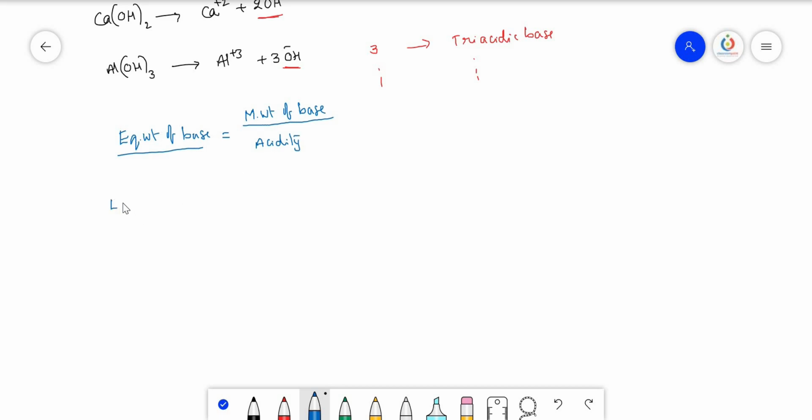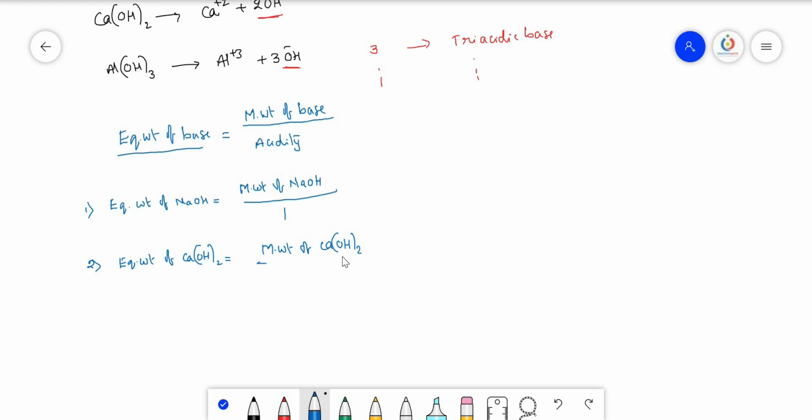Now, let us try to calculate equivalent mass of NaOH. Its molecular weight is 40 grams, divided by its acidity, which is 1. And similarly, equivalent weight of calcium hydroxide: molecular weight of calcium hydroxide divided by 2, as it is able to release 2 OH minus ions, so its acidity is 2.